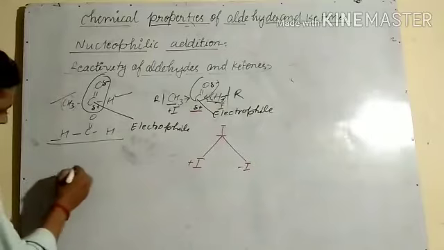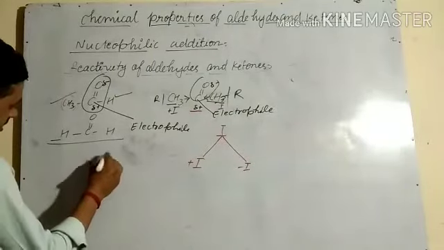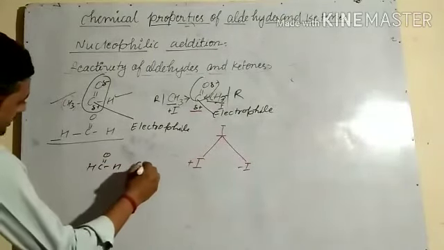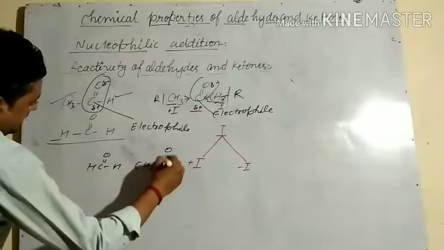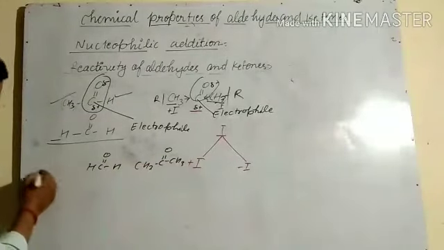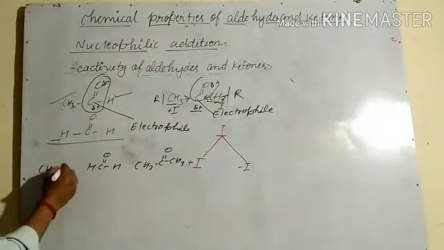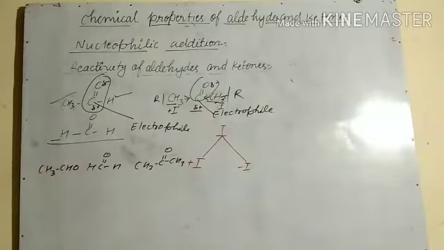If these are HCHO and CH3, CH3, CH2, like this, and I ask you to arrange these in increasing order of nucleophilic addition, what will be the order?